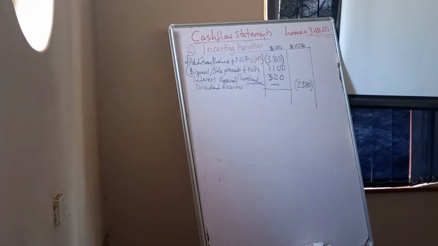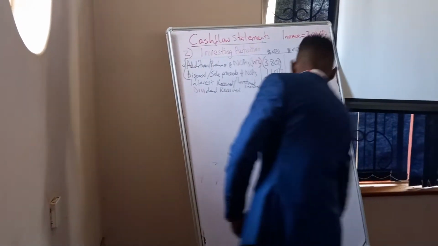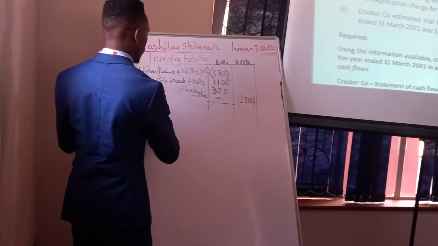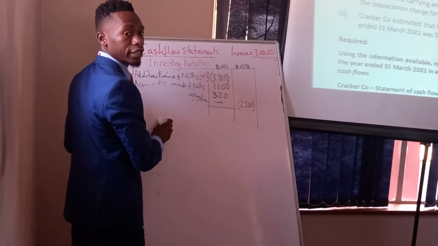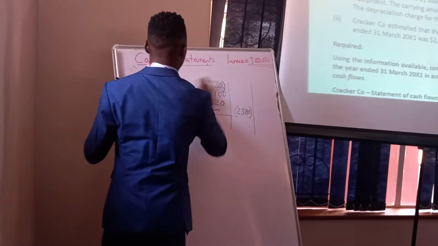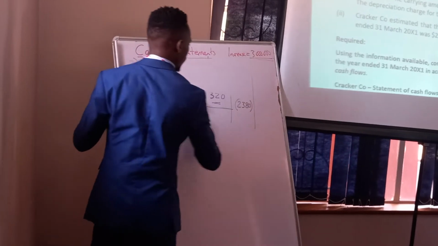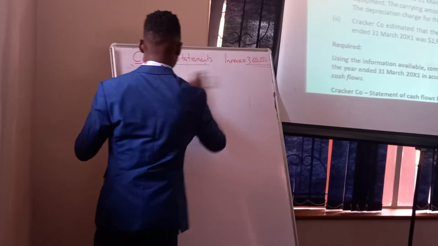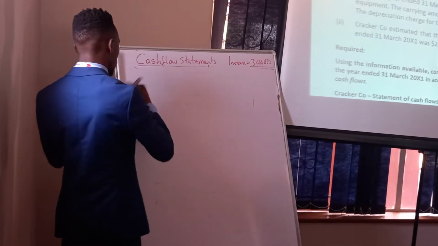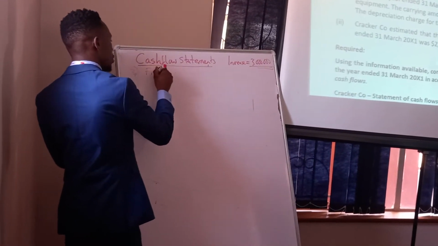Now the last heading, guys, is what? So we have negative 2380. The last heading is financing activities. Number 3, financing.